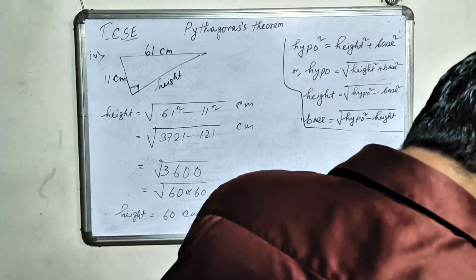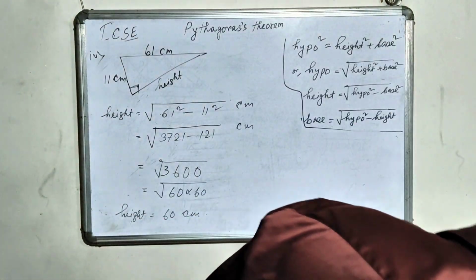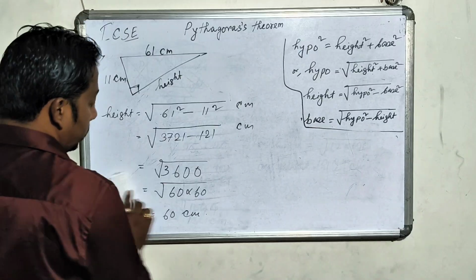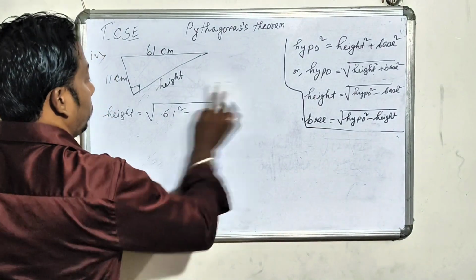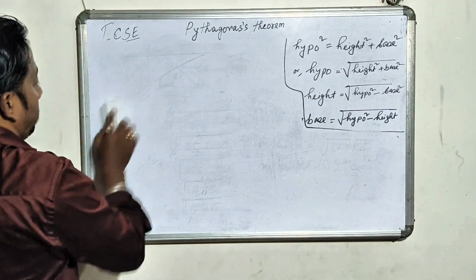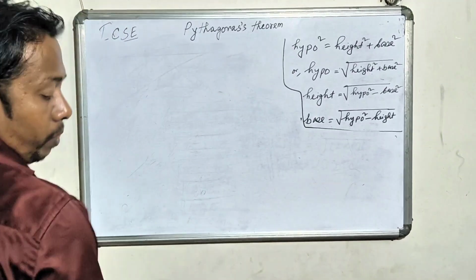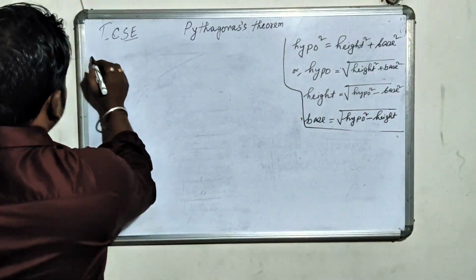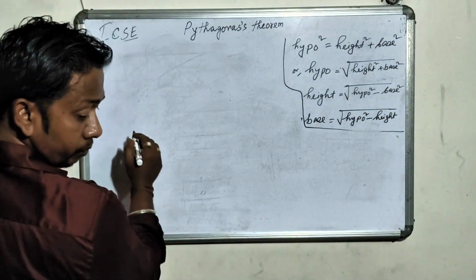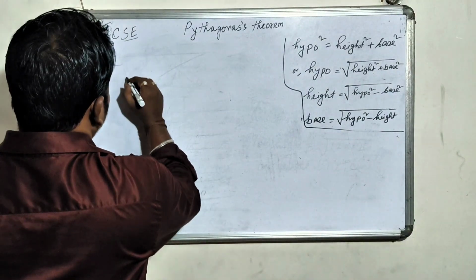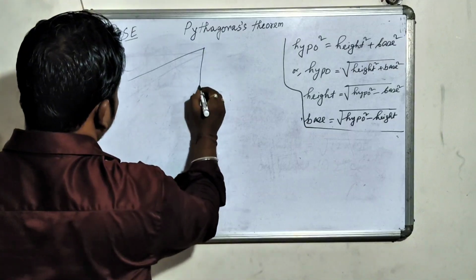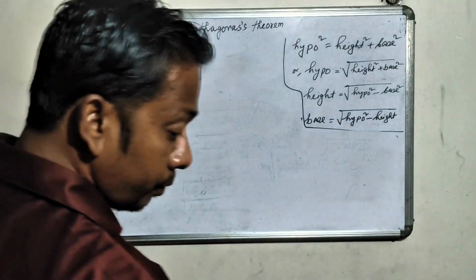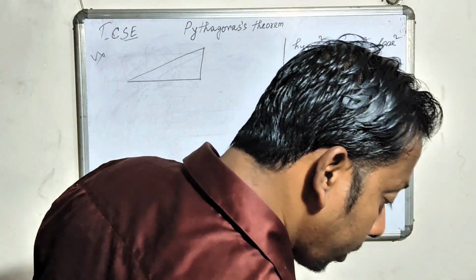Now question number 5. We erase it. Question number 5. Okay, the height and base are given.